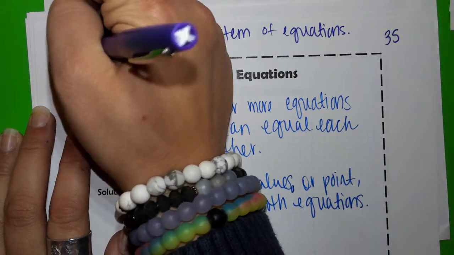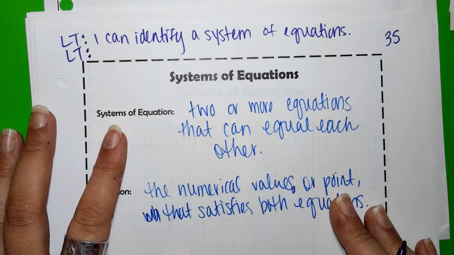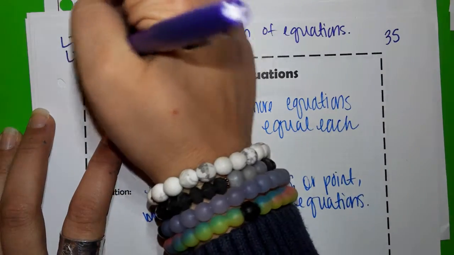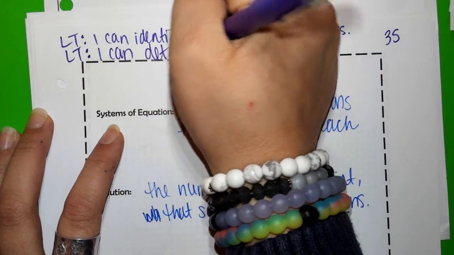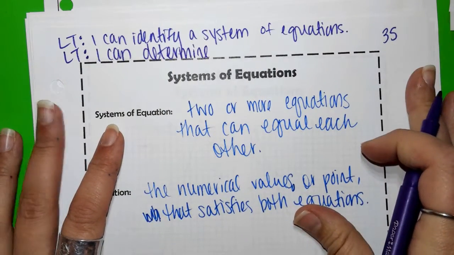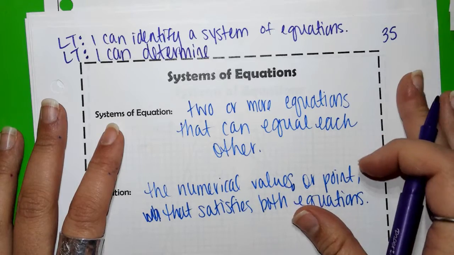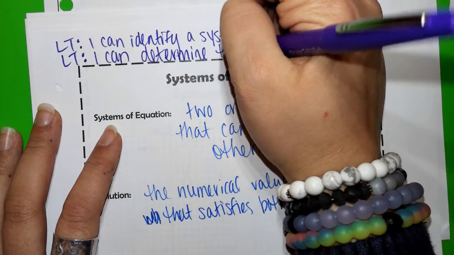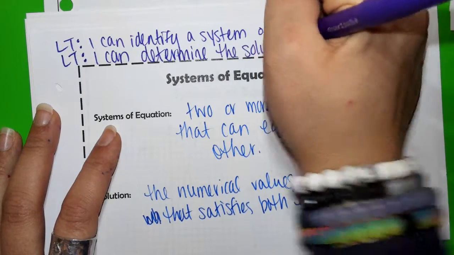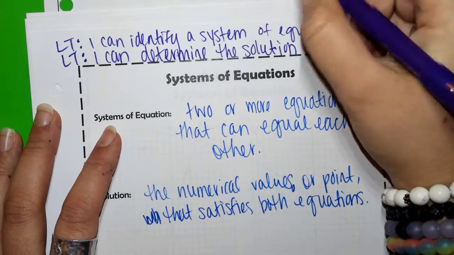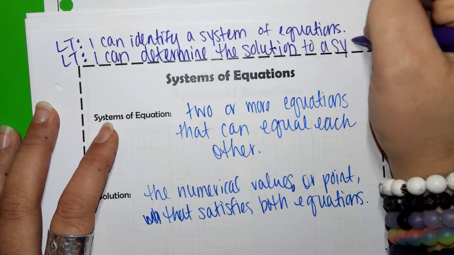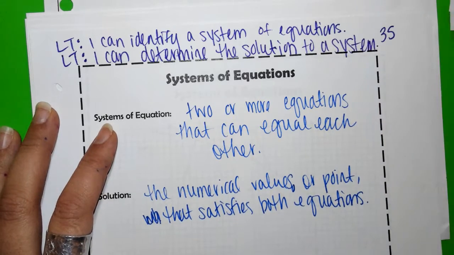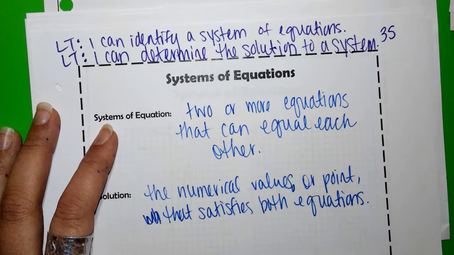All right, so our next learning target says, I can determine the solutions, one solution, to a system by graphing.